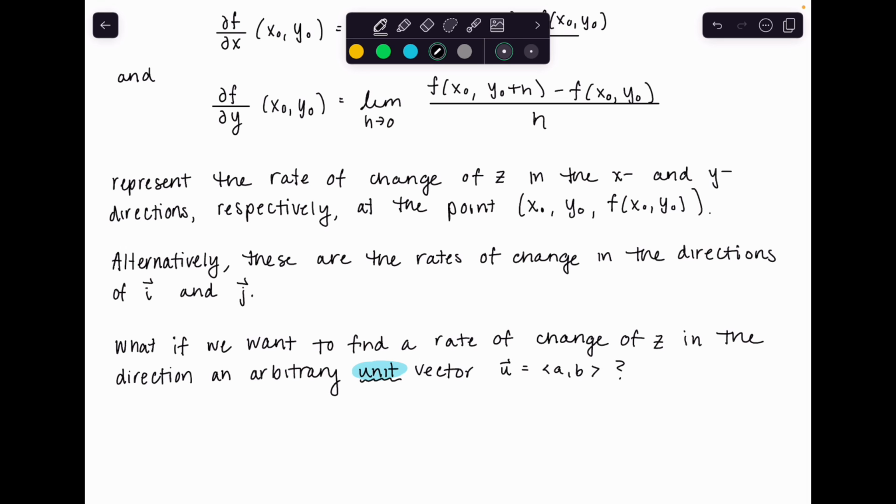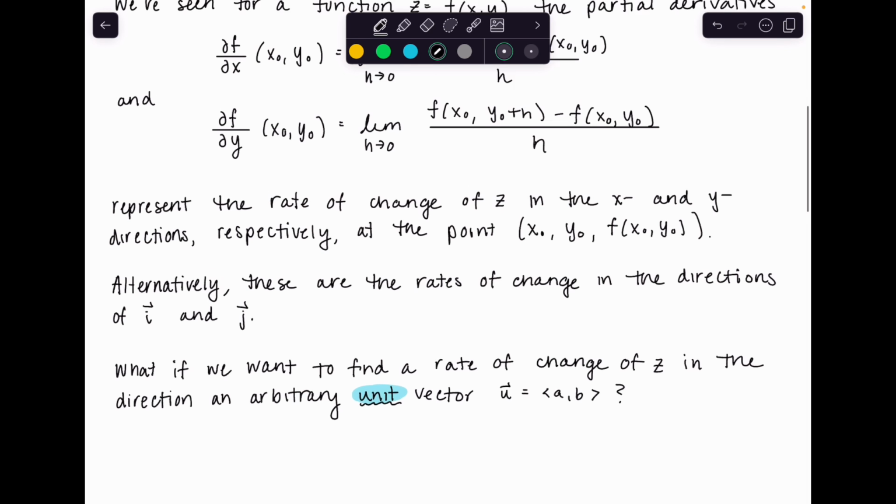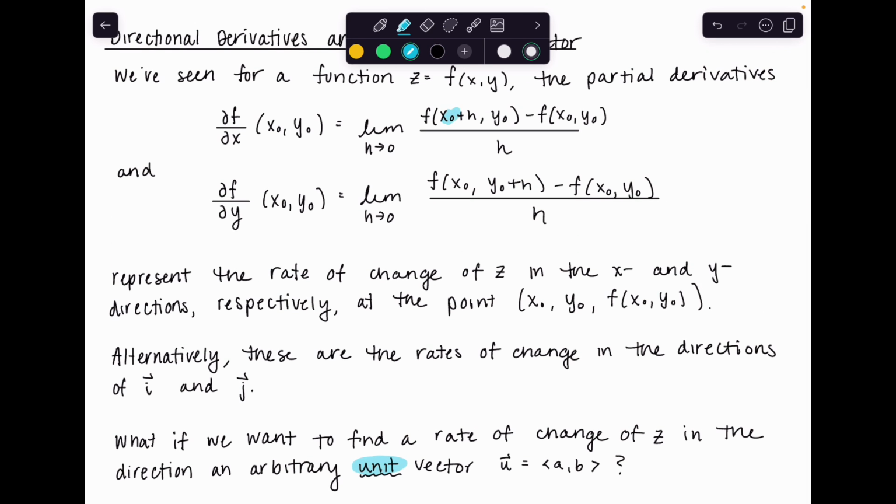So the problem is it's a little bit harder, because now both of these components are changing, because it's not just i or j. I'm moving in both of these pieces, and with that, I can't really do a two-variable limit. I don't want x and y to both be approaching these particular values.